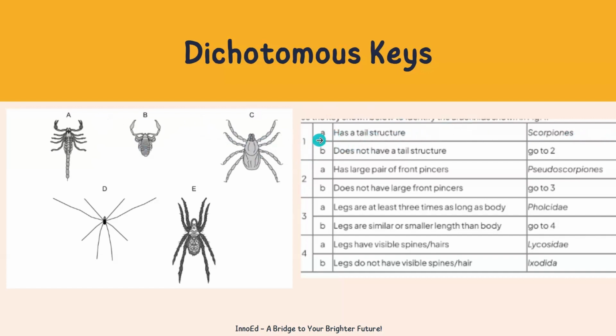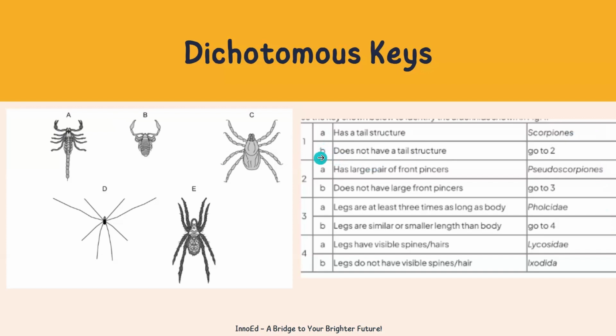So for the 1A, it says it has a tail structure. So looking at all those 5 pictures, only A has a tail structure. So A belongs to this. So you have to write A beside this name. In your exam, another blank column will be given beside this. You have to write the letter A in it.